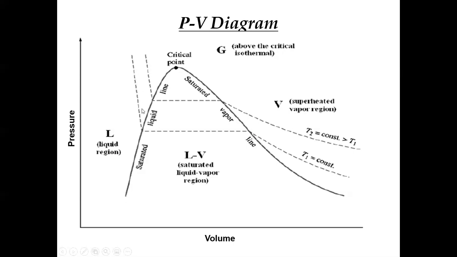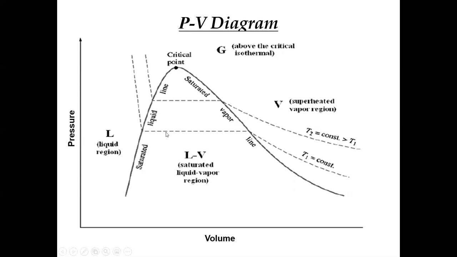This is pretty small for most liquids until I get down here, in which case I am at saturated liquid. If I add heat to the system, then I will start to vaporize it at constant pressure.